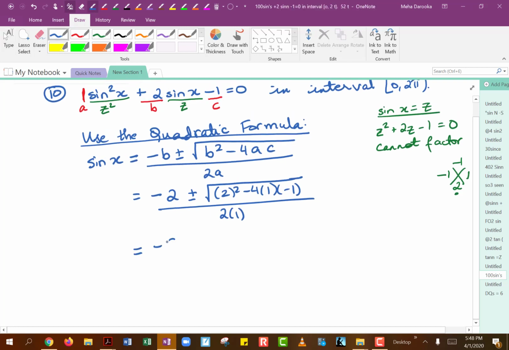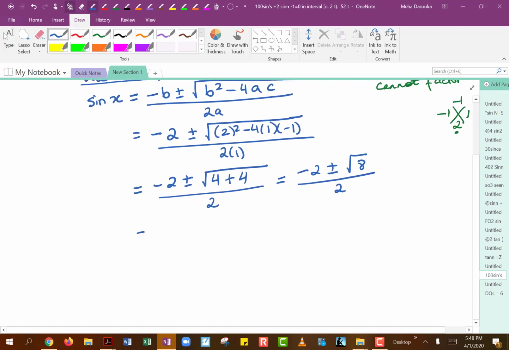So this will give you -2 plus or minus, and we've got 2 squared, which will be 4. And then we are multiplying -4, +1, and -1, so the two negatives will become positive, and 4 times 1 is just 4. You get 2 on the denominator. Let's clean this up. So you have -2 plus or minus square root of 8 divided by 2.